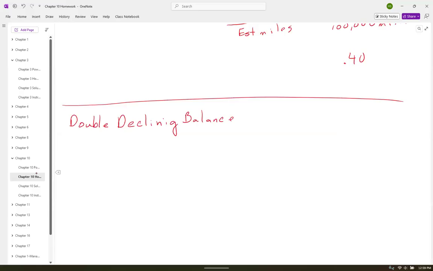All right. So the first thing we're going to do in double declining balance is find the straight line rate. The straight line rate will be 1 divided by the number of years, not miles, years. So for this problem, my straight line rate is 1 divided by 5, or I'm just going to put it as a percentage, 20%.